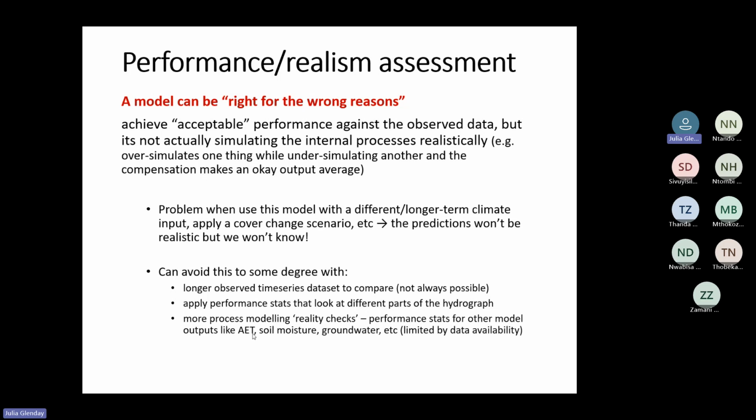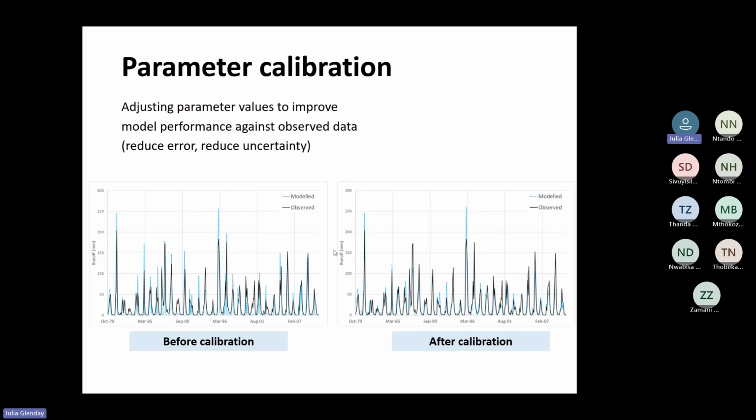If you can perform well across the whole hydrograph, it's more likely that you're getting the internal processes of the catchment more correctly. So it is good to try and keep some of the other statistics that you might not care about as much, if possible, performing well as well.